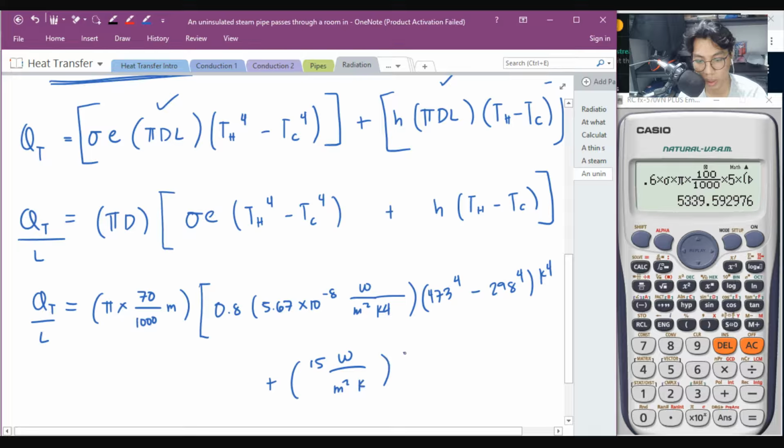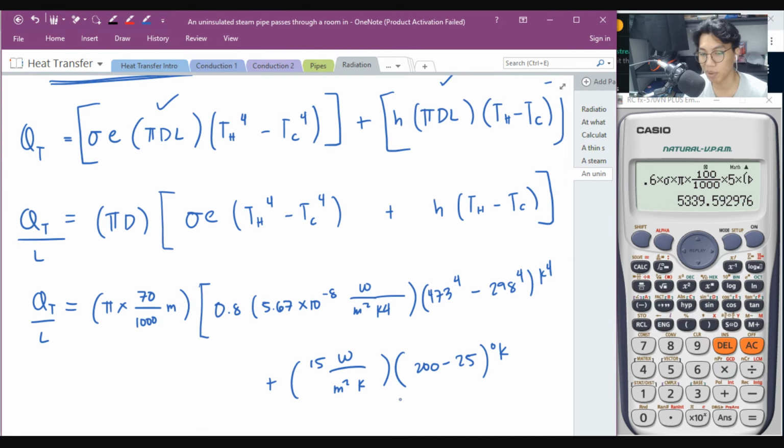And then multiply it with 200 minus 25. Yung hot surface and cold surface, degree Kelvin. May nalimutan ba tayo dito? So, meter squared. Okay, dapat merong meter na matitira dito. Watt per meter. Cancel all the same units. Yung meter, makancel dito. Kelvin to the fourth, Kelvin, and Kelvin.